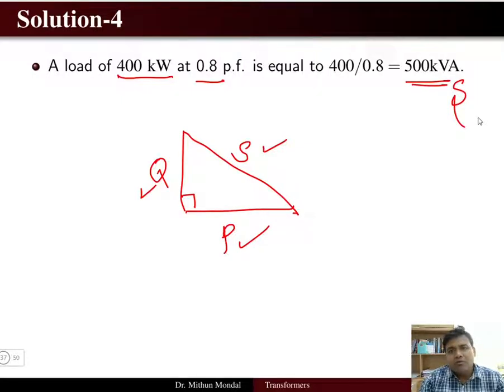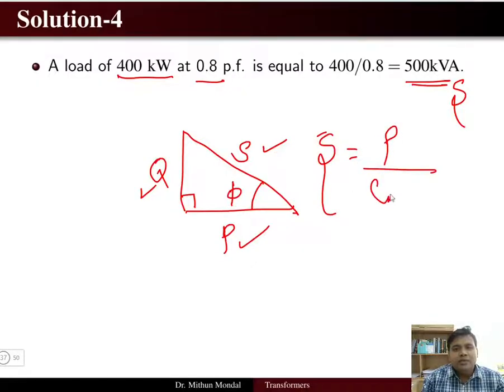The complex power will be easily determined from the knowledge of the power factor angle phi. So this is your phi. S, that is the kVA, is basically the real power P divided by the cos phi component, that is the power factor. So we have determined that for the first condition.